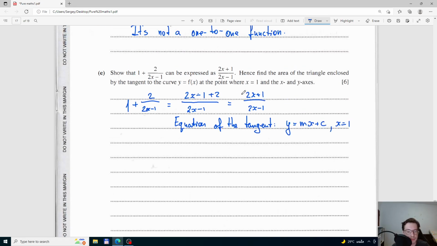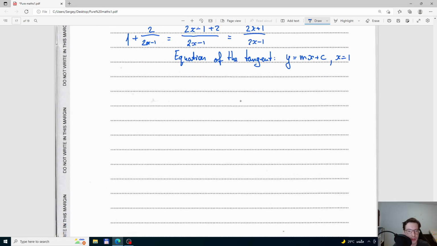Okay. So that means we will have to find the derivative. And we're going to differentiate this expression 1 plus 2 over (2x minus 1). Okay, so what derivative is going to be?